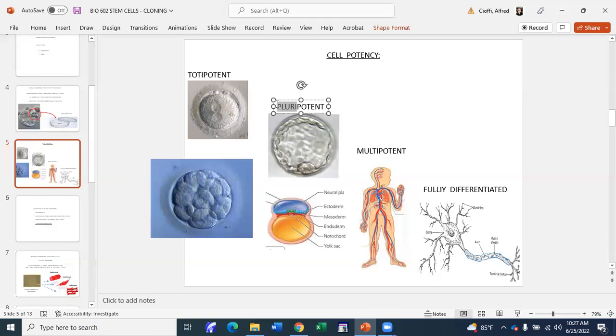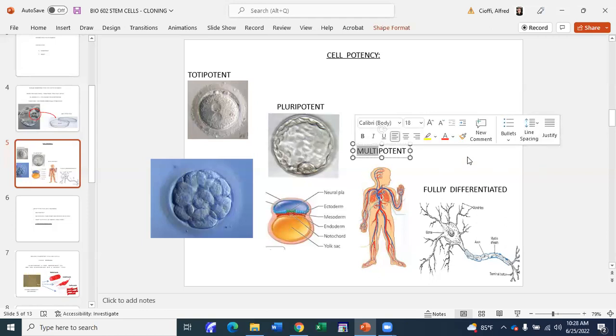And precisely because the embryonic cells were pluripotent, it was thought that one could develop these 100 to 150 cell lines for each individual that needed them going forward in their life. Whereas multipotent is more restrictive because it's only by organ or system, and not all organs and systems.